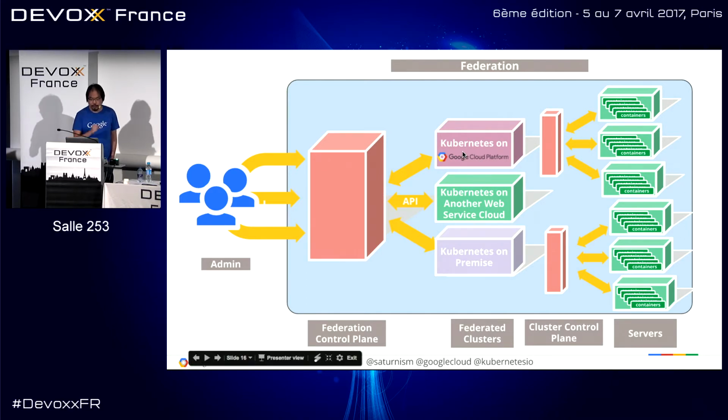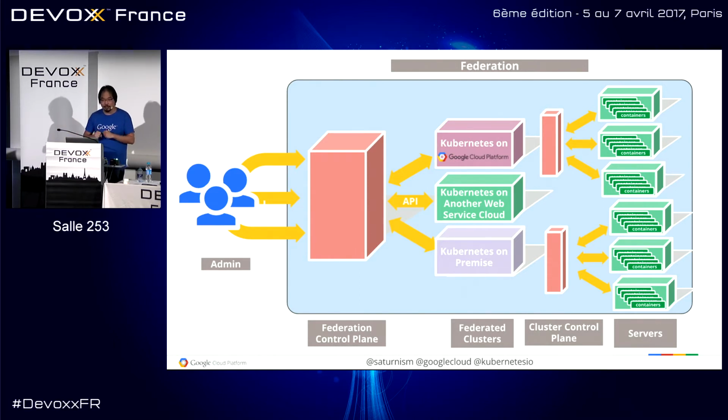For example, the first one runs on Kubernetes on Google Cloud, the second one runs on Kubernetes on another web services cloud, and the third one runs on-prem. It doesn't matter. Each one of them will talk to their own cluster through their control planes. That's how Federation works behind the scenes. So what that means is I should be able to take that exact same configuration file that I just deployed on my laptop to the cloud.